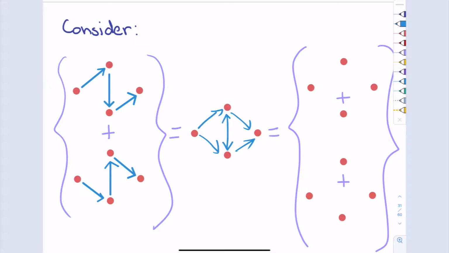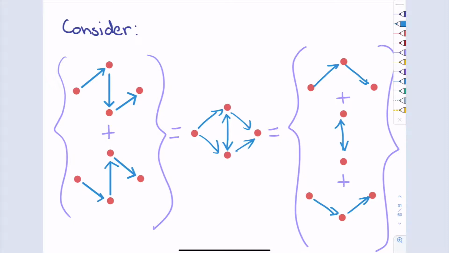Now the middle edge, I have one going up and I have one going down, so there's really two directed edges there. But I can decompose this differently. I can write this as this plus this plus this. Nothing special. I'm just taking a set of edges and splitting it up in two different ways.